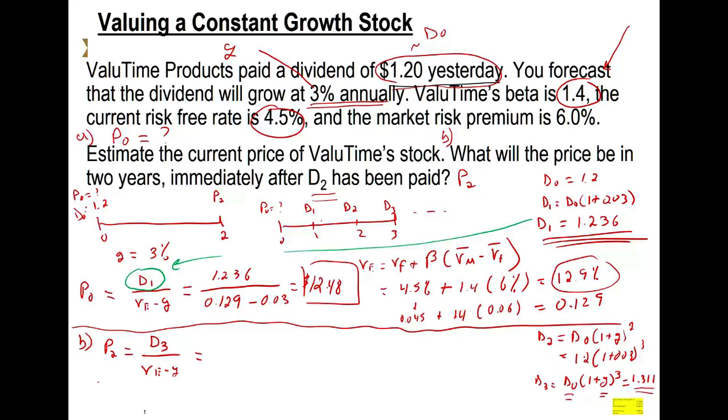So to populate our calculation, D sub 3 is 1.311 and the denominator is the same, giving us a value at the end of year 2 of $13.24. So how much is this stock going to be worth at the end of year 2, assuming all these conditions remain? $13.24. As you can see, the price is expected to grow, because we are expecting a 12.9% compensation. So there's growth expected.